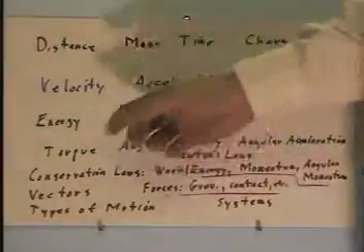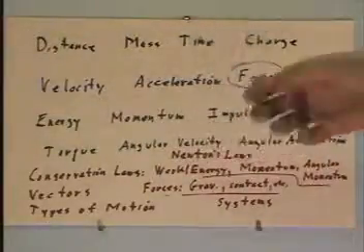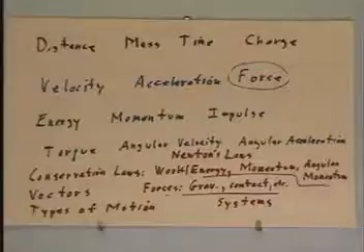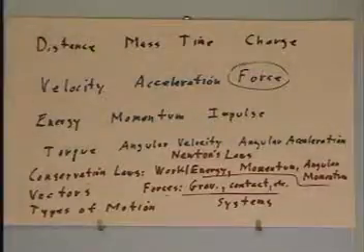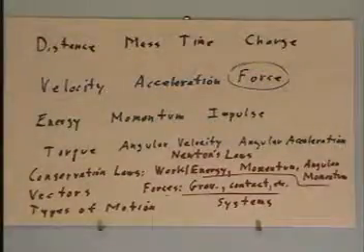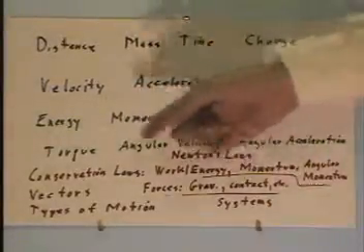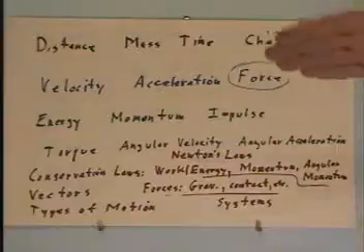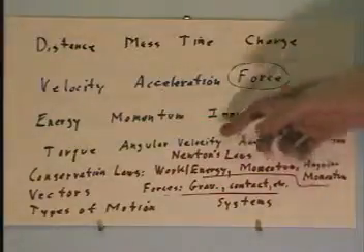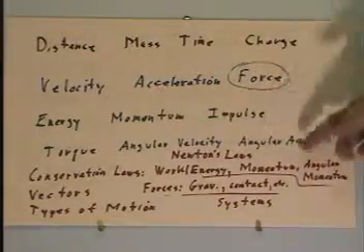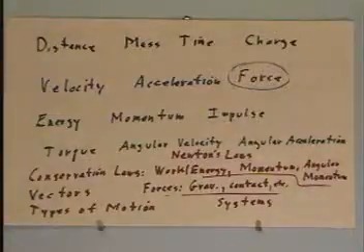We have torque, which is a kind of twisting force, and we recall that's defined as the force times the moment arm. Angular velocity, the rate at which the angle of a rotating object changes. Angular acceleration, the rate at which angular velocity changes.